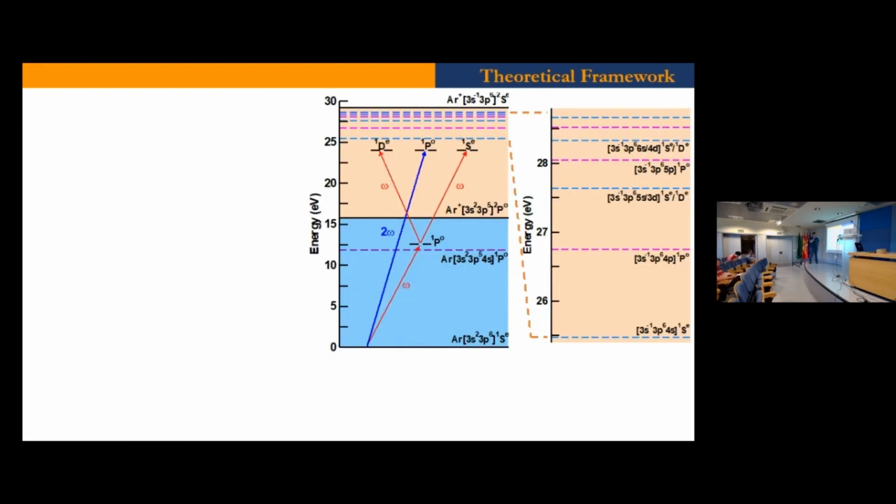Argon is a little bit more complicated, and I think a little bit more interesting, because the second ionization threshold, so the first excited state of the cation, lies just below 2 times the energy of the ground state of the cation. So what does it mean?